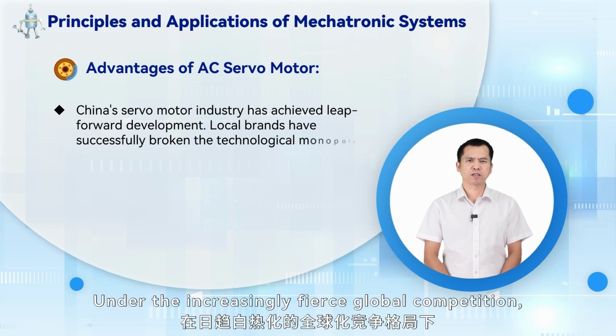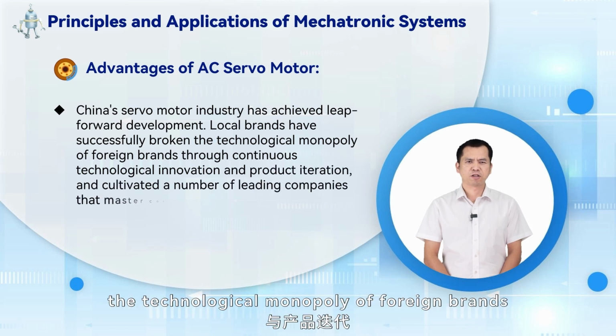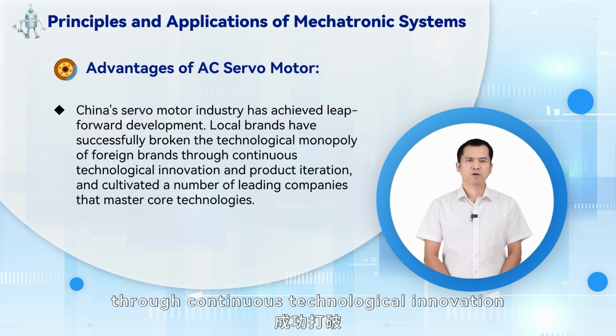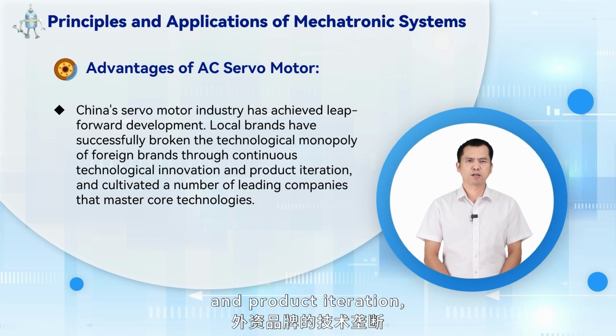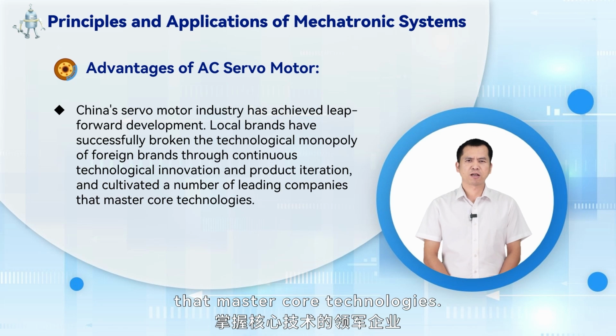Under the increasingly fierce global competition, local brands have successfully broken the technological monopoly of foreign brands through continuous technological innovation and product iteration, and cultivated a number of leading companies that master core technologies.